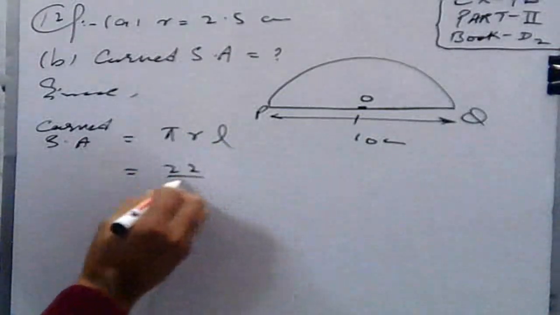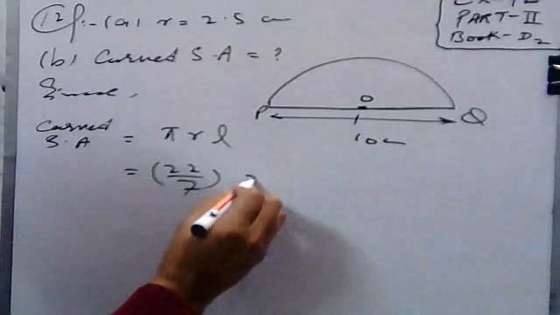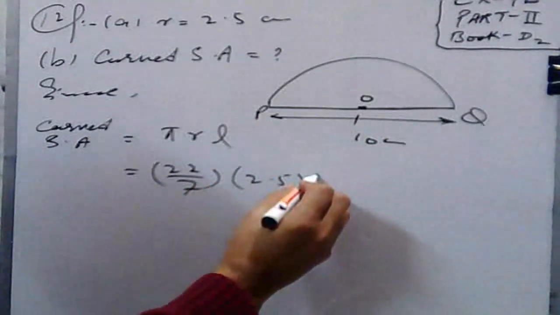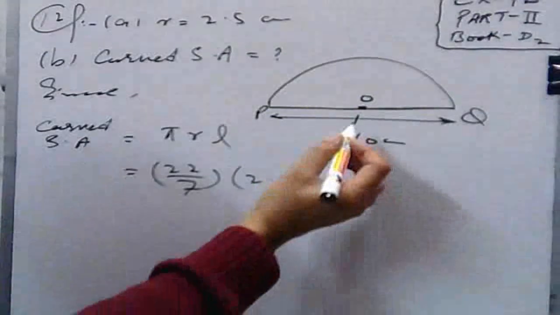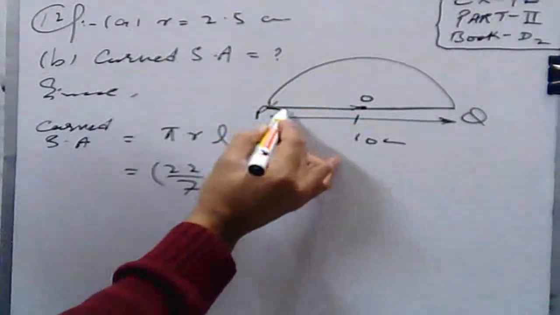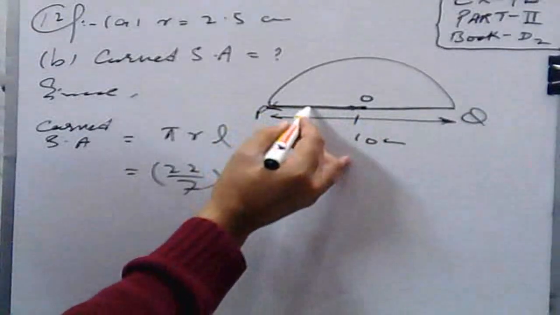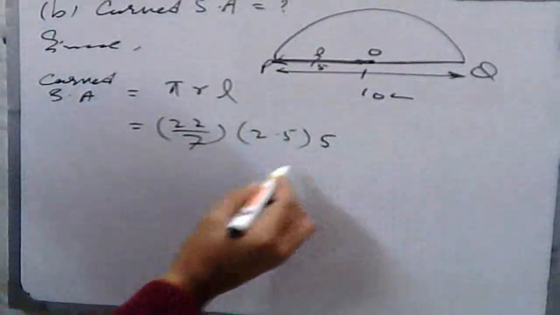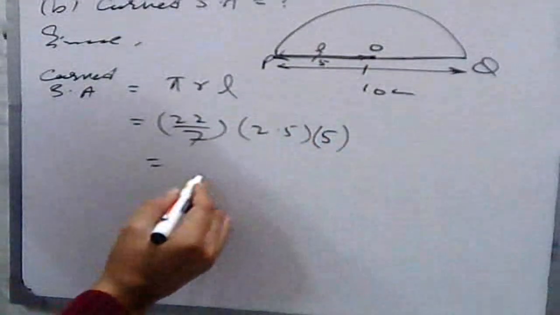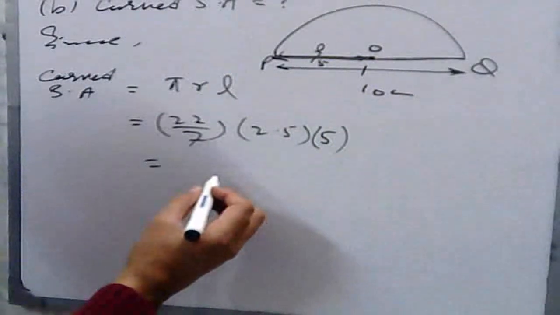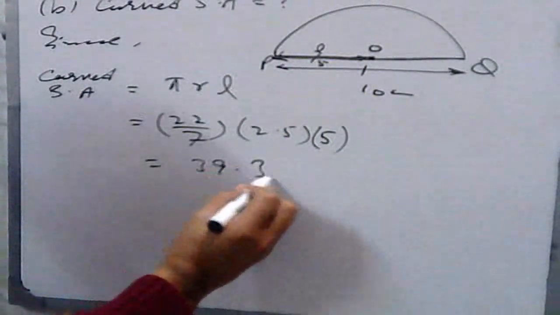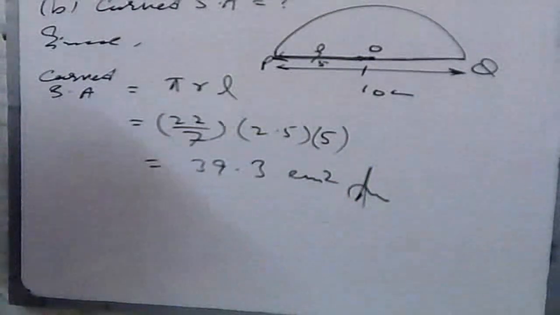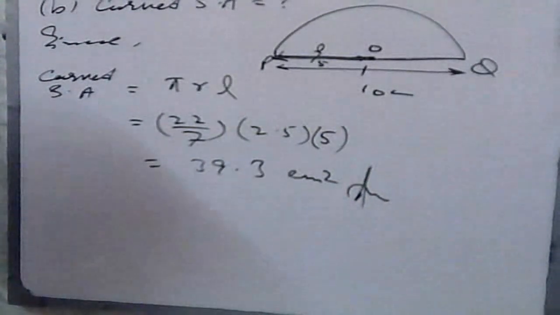So putting the values, the value of pi is 22/7, the value of R is 2.5, and l is 5, because if we take this side, that is your slant height, that is 5. So by multiplication and simplification, you will get 39.3 centimeter square. So that is your required result.